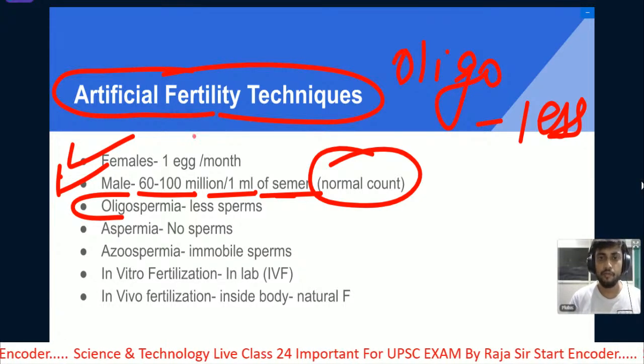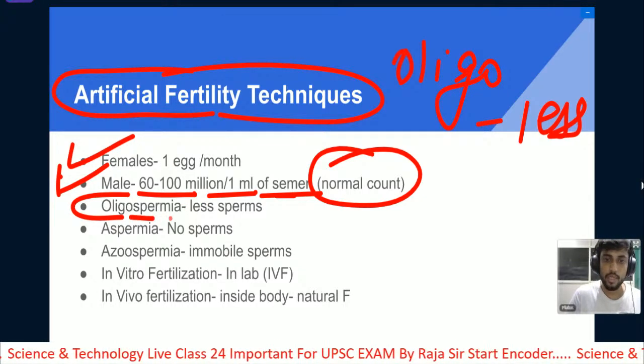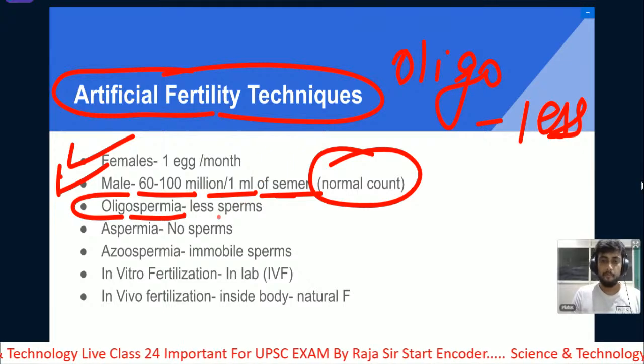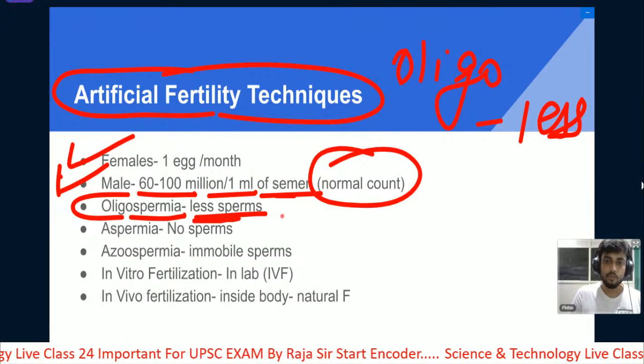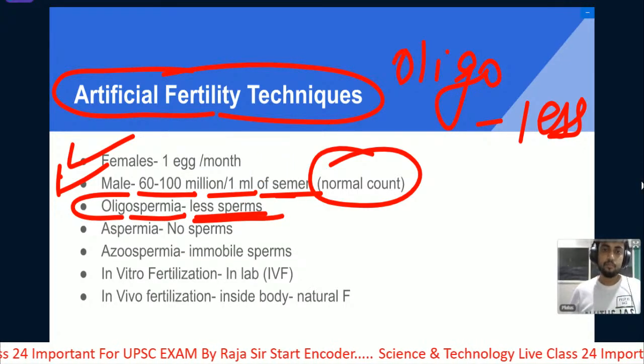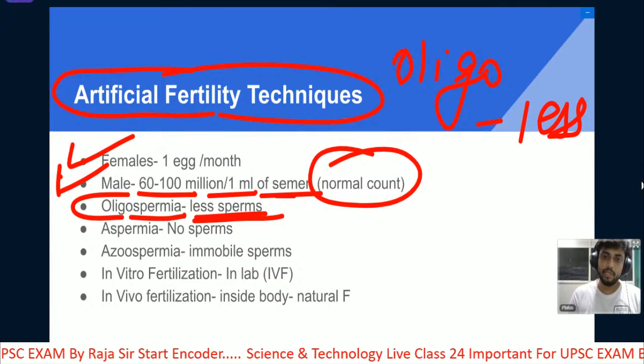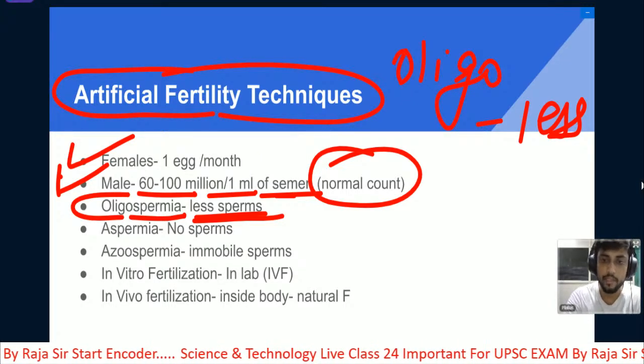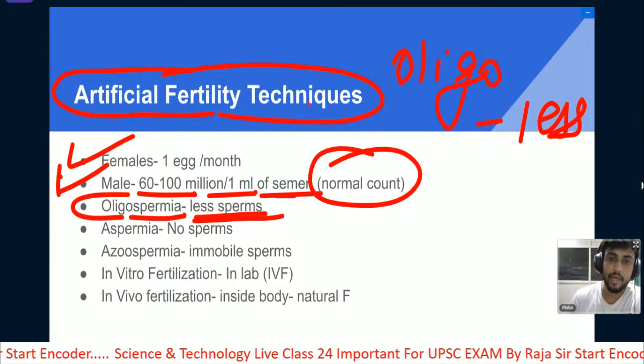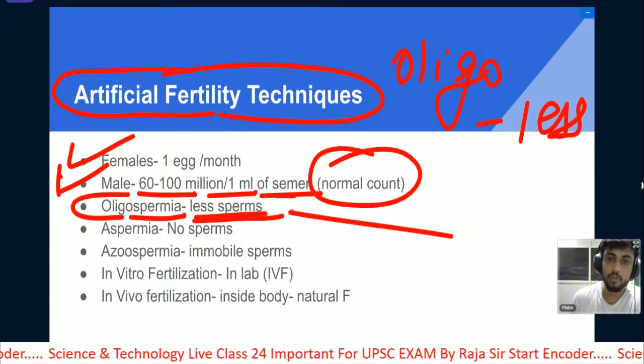In a similar way, we have this condition known as oligospermia, which means a less quantity of sperms. If a person is producing 20-30 million sperms per ml of the semen, then he is suffering from oligospermia.